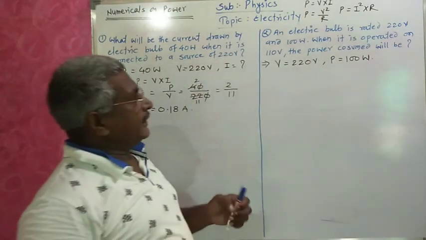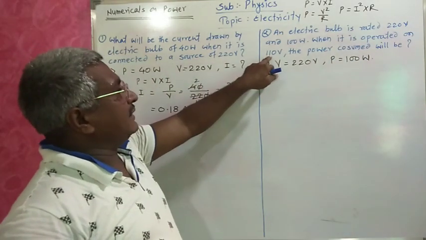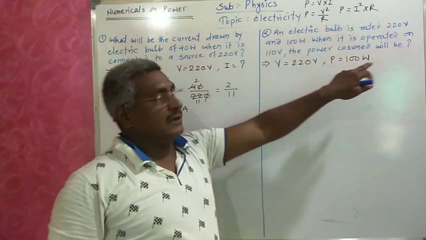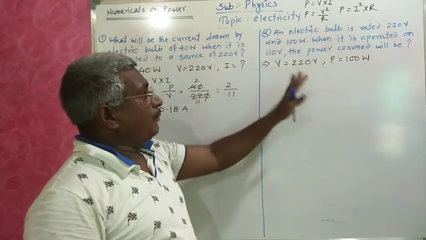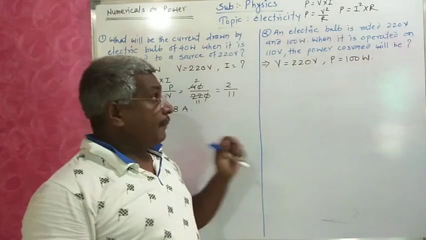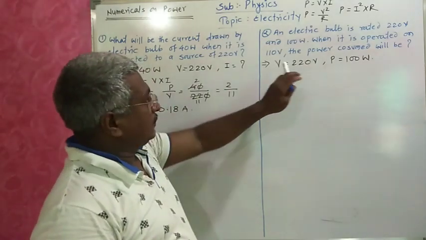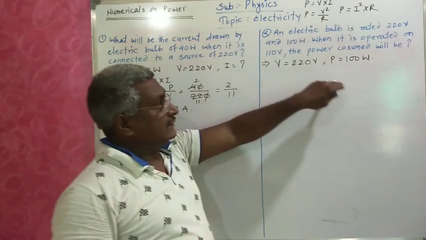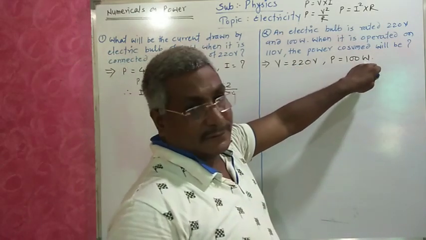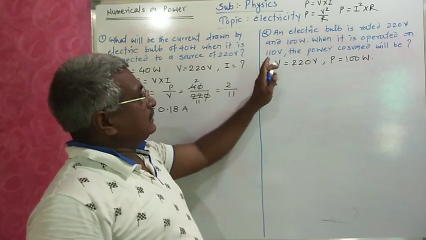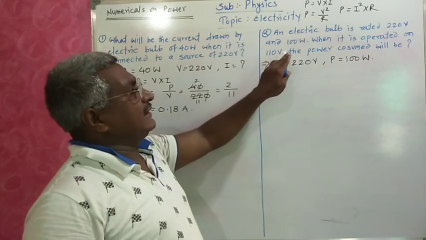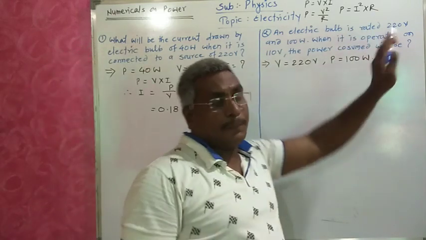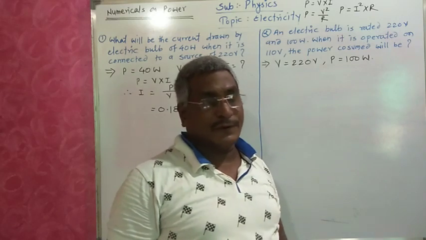When it is operated on 110 volt, the power consumed will be? So how much power is consumed? Power has to be found. Here the potential difference is 220 volt and the power is 100 watt. So if the potential difference is 110 volt, how much is the power? That we have to find.